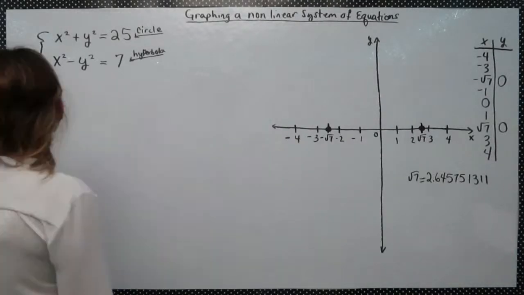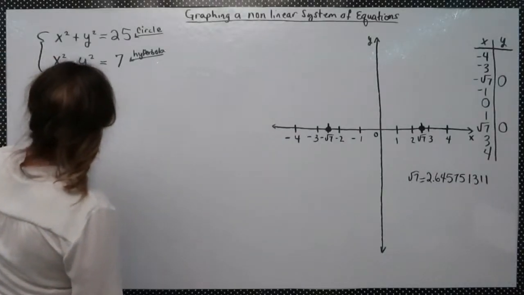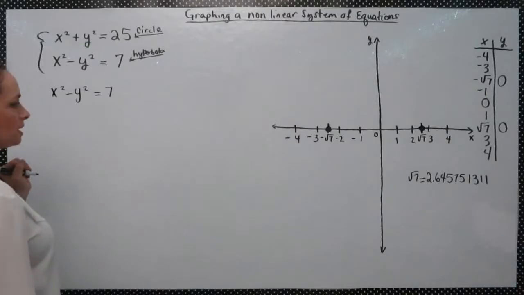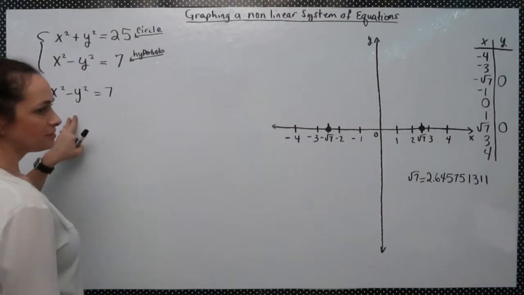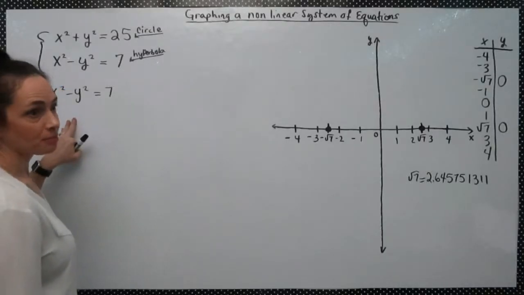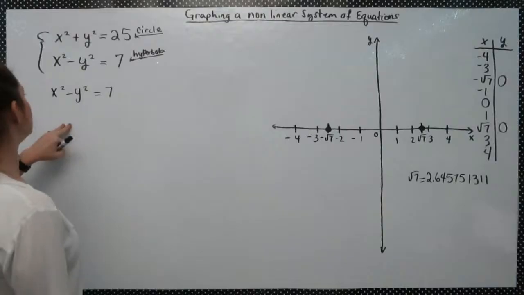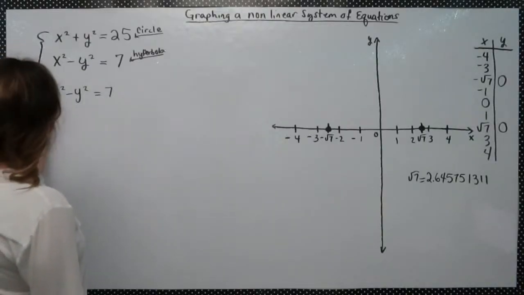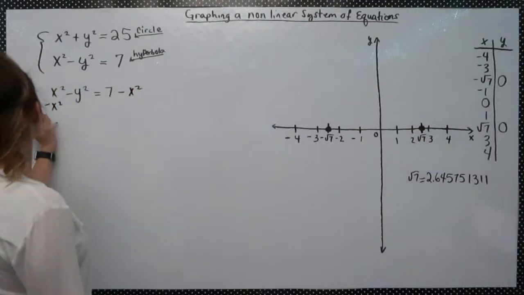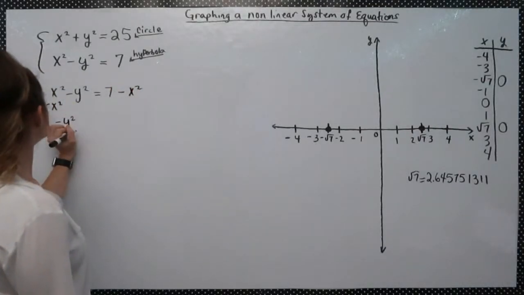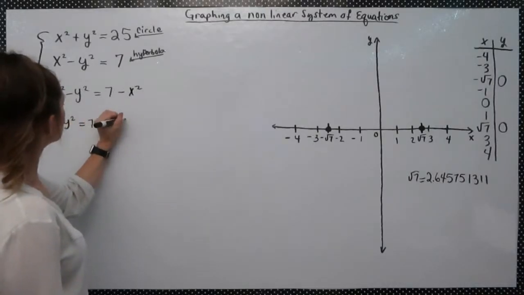All right, so we got x squared minus y squared equals 7. And what's going to happen if I solve this one for y? And I'm just warning you, I don't know what's going to happen here. If this is going to be fruitful or not, but I'm going to try and solve this for y. So subtract x squared from both sides. And you're going to get negative y squared equals 7 minus x squared.